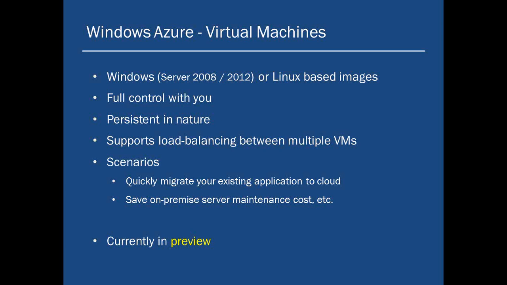The virtual machine cost is inclusive of the maintenance cost as well as the licensing cost for Windows. For Linux, there is no licensing cost involved, and that's why when I show you the next slide, you will see that from a costing perspective, Windows virtual machines are a bit costlier than Linux-based ones. That's because the licensing is included.